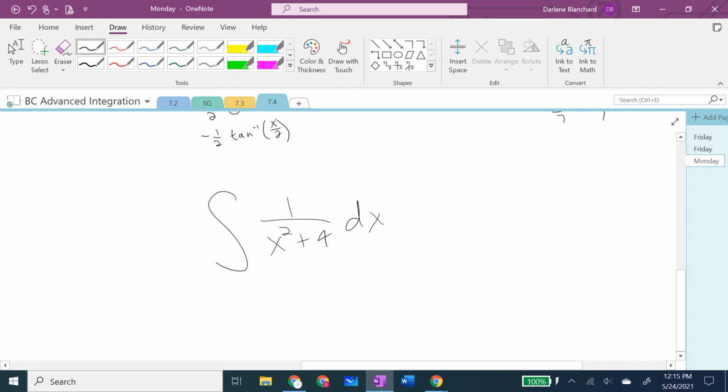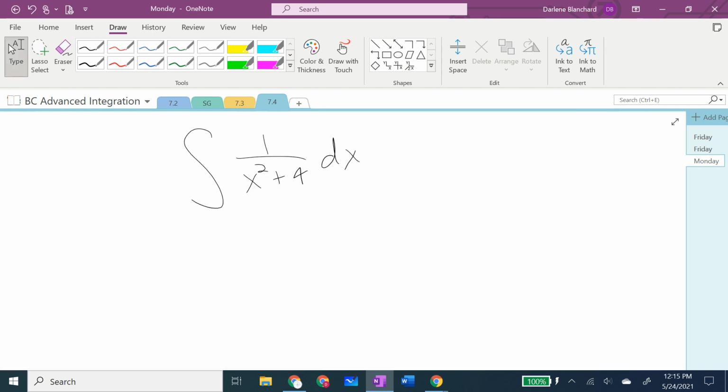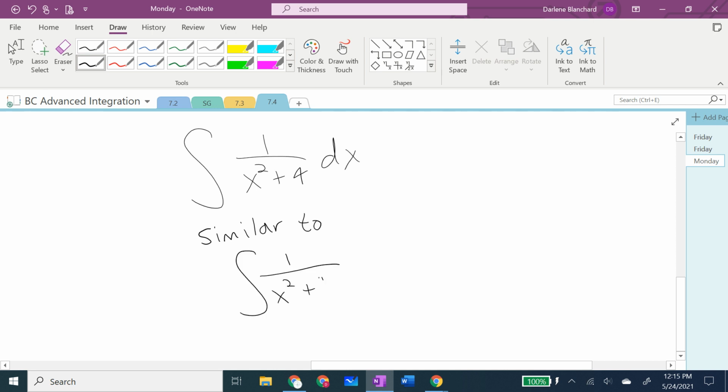Does it look very, very similar to something we have actually done before? It's been a while. Do you remember what this integral is?